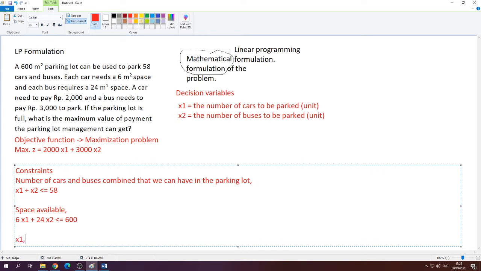So x1 and x2 cannot be negative, but they can be 0. So they must be bigger than or equal to 0. But remember, you cannot have decimal values for x1 and x2. You cannot have x1 equal 3.5 or 4.7. No, we cannot have that. So x1 and x2 must be 0 or positive, and they must be integers.